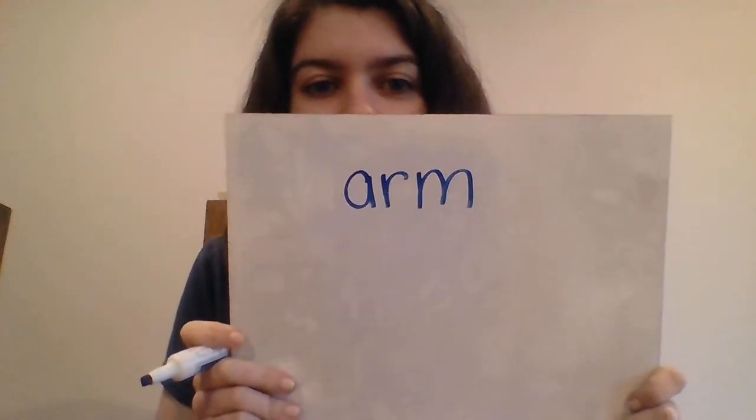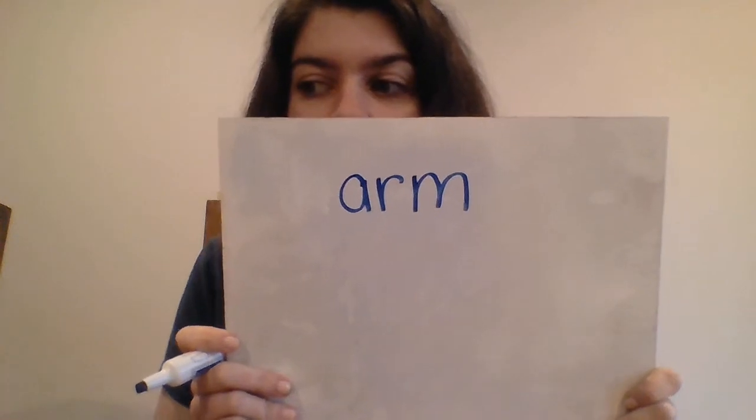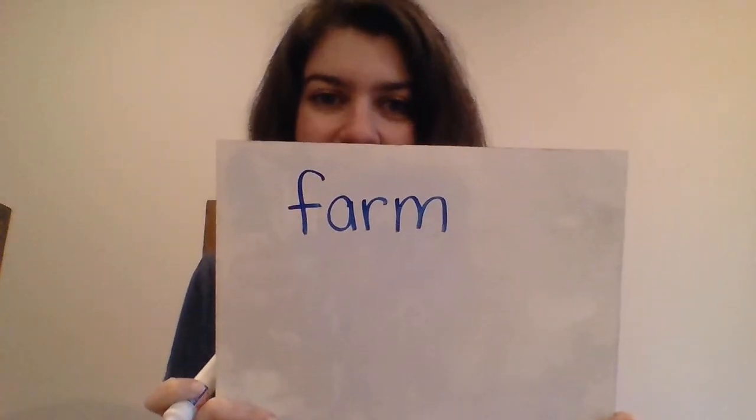Get rid of the beginning sound and change that word into arm. Did you get it? If you erase the H, now you should have the word arm. Let's add a letter now and turn the word arm into the word farm. Added one letter to the beginning. Now you have the word farm.